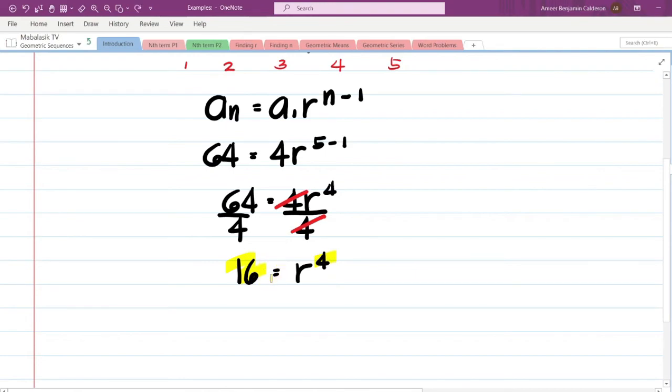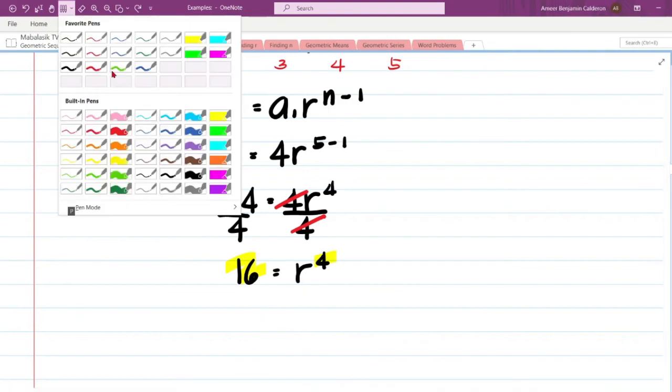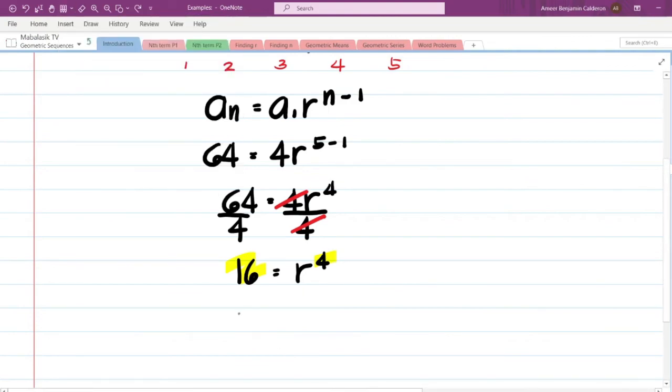So that's what we are after. We will think of a number that is 2. When raised to 4, why 4? Because 4 is the exponent of the other side of the equation. The answer is 16. So 2 times 2, 4 times 2, 8 times 2, 16, which is equal to r to the fourth. Therefore, r is equal to 2.